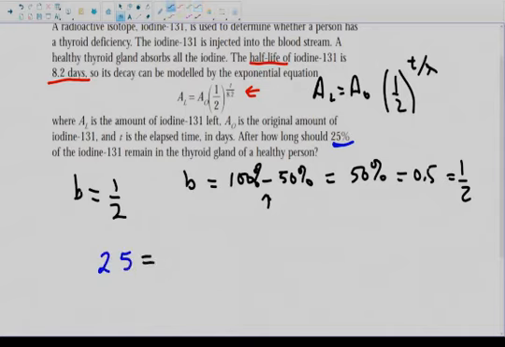What would be the original amount if I had 25% left? What would be the original amount if I'm left with 25%?